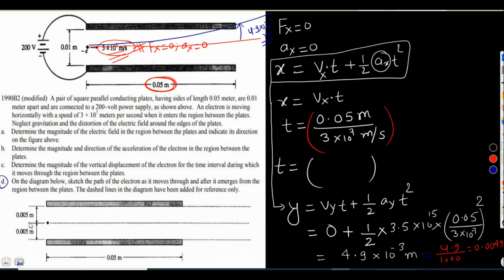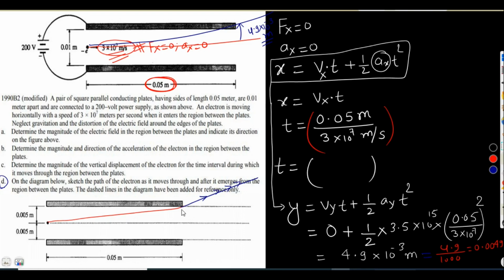Approximately both are the same. So it will deviate like this. Here it will be deviated, and after this it will go straight.